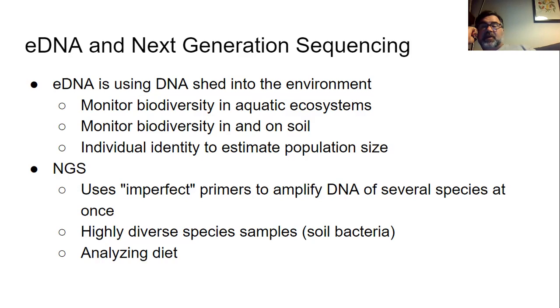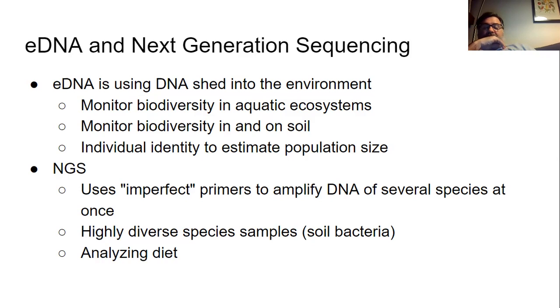With next generation sampling, you use primers that are not so good, and so everybody is amplified at low levels. And you use those samples to figure out all the things that are there. So you can actually get a whole mix of sequences, which is really cool.